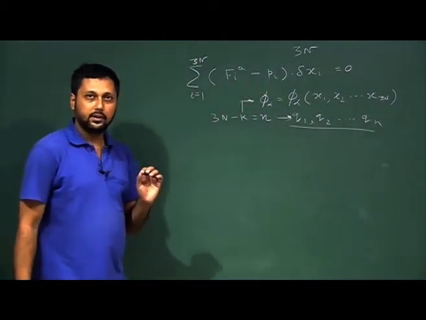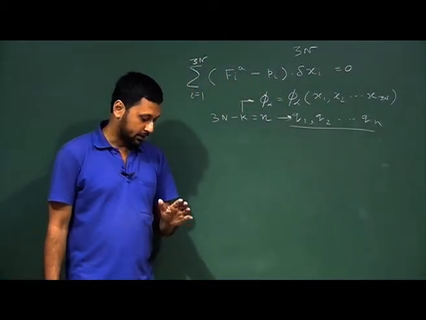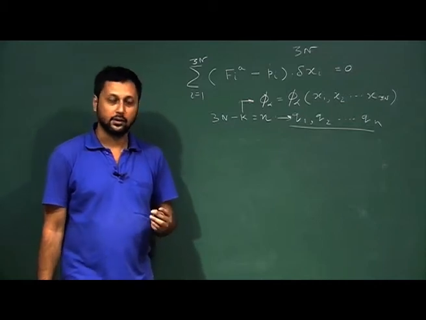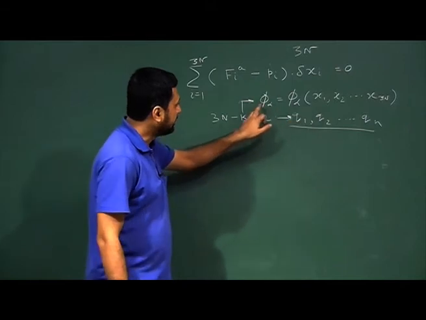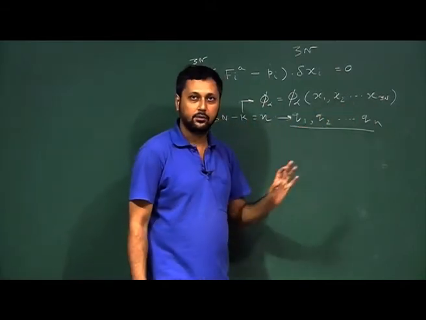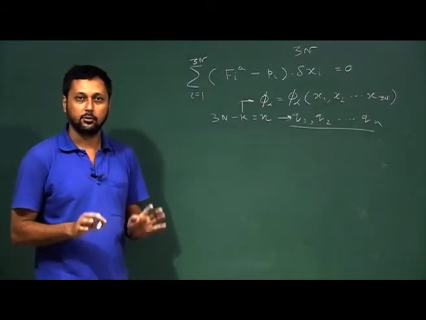For any holonomic constraint, could it be rheonomic or scleronomic, does not matter, the constraint conditions can be written in the form of an equation that we have seen. That is the definition of a holonomic constraint.